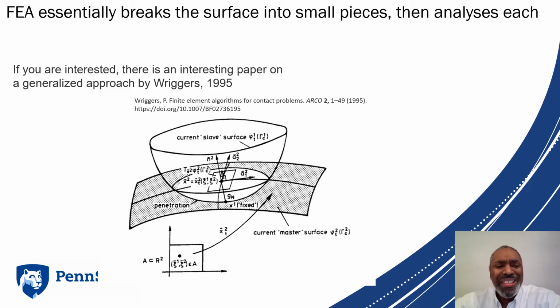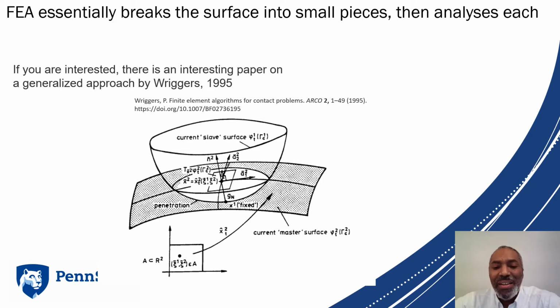So in the finite element method, though, the scale of the contact is not necessarily important up front, because what the FEA method does is it breaks the surface into small pieces and then analyzes each. So it does this automatically for us. If you're interested in the rudiments of how this is gone about, you can pick up this paper by Riggers from 1995, a long time ago.